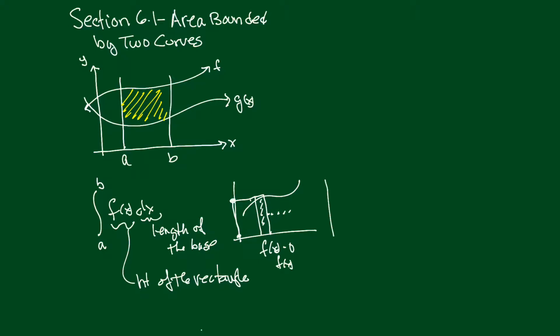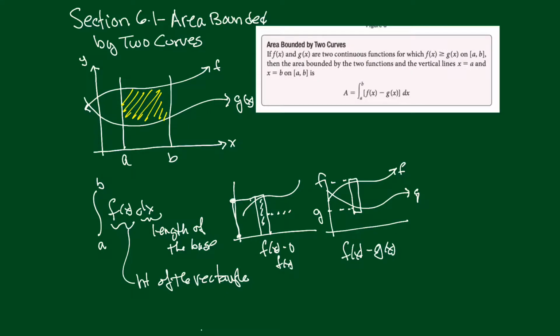But now when we have two curves, here's our f curve and here's our g curve, the height of the rectangle is the top, which is f, minus the bottom, which is g. So the height is f of x minus g of x. This idea brings us to this formula for finding the area bounded by two curves.